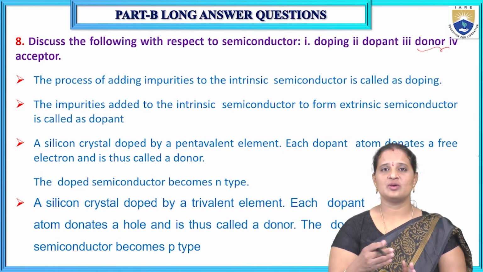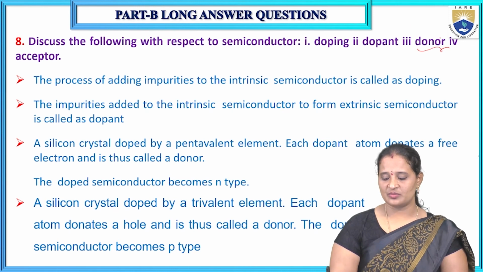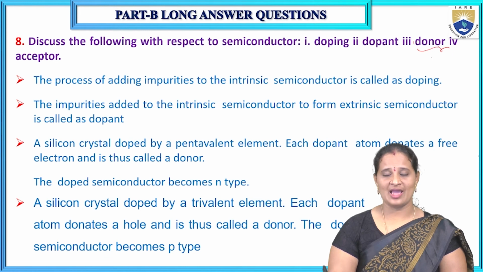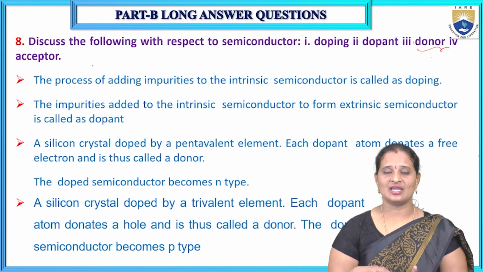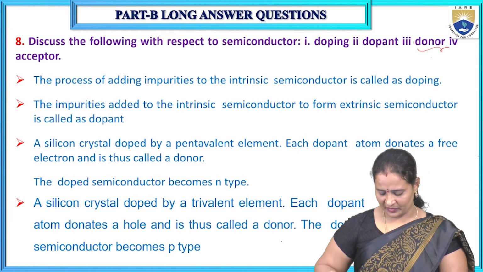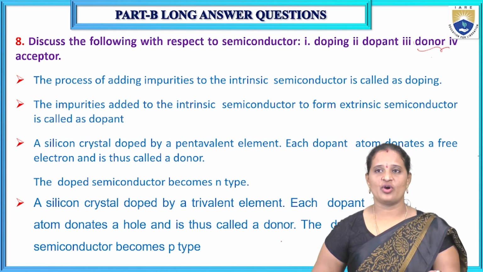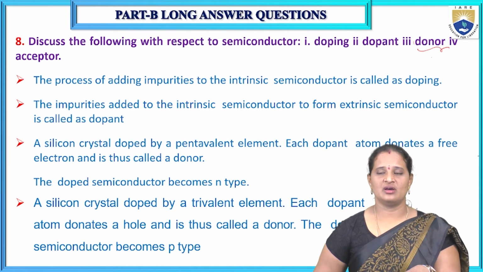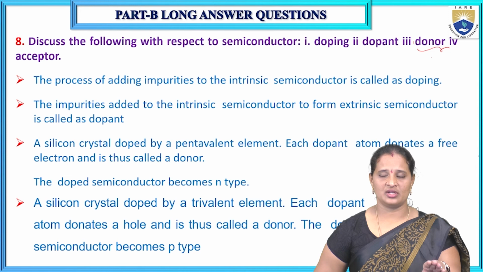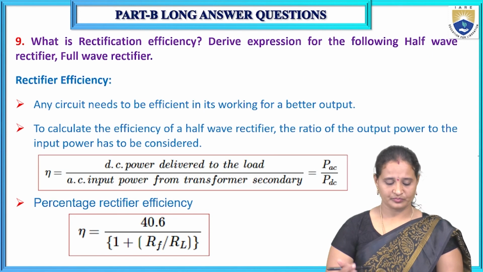That means donors are positive immobile ions, whereas acceptors accept electrons and hence become negatively charged. So not only writing the definitions, you just mention a few points regarding that particular topic so that you can expect full marks.